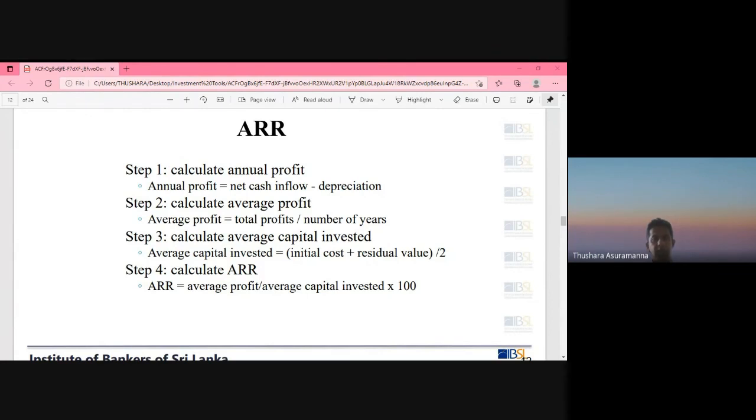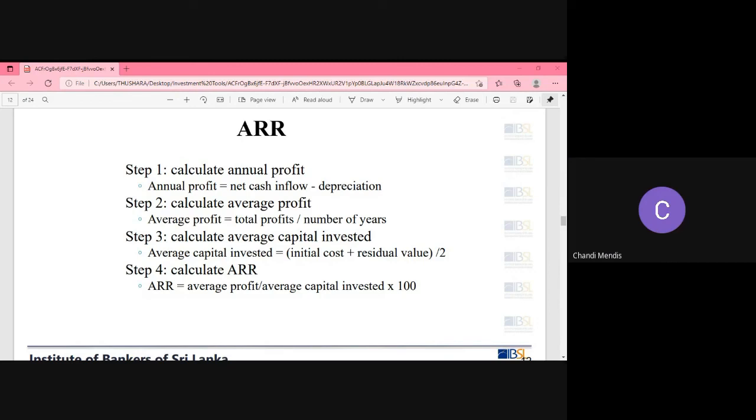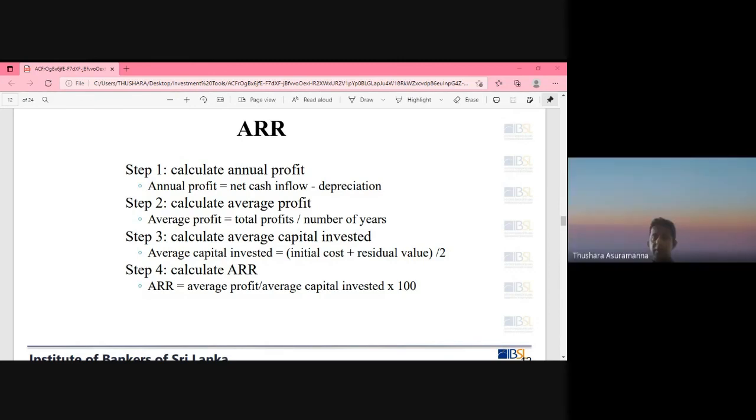Yes, 70,000 divided by 4 is 17,500, the average profit. Is everybody getting that? Average profit, step 2. Is it 42,500? No, 17,500. The total profit is 70,000 divided by 4.